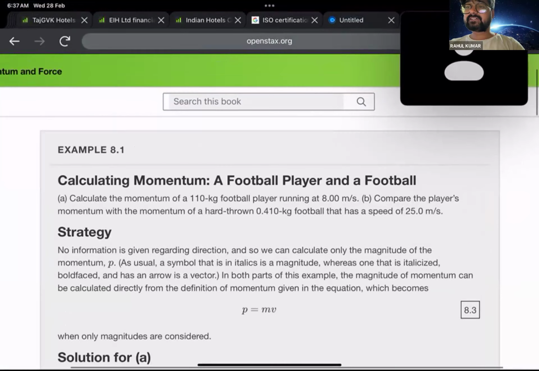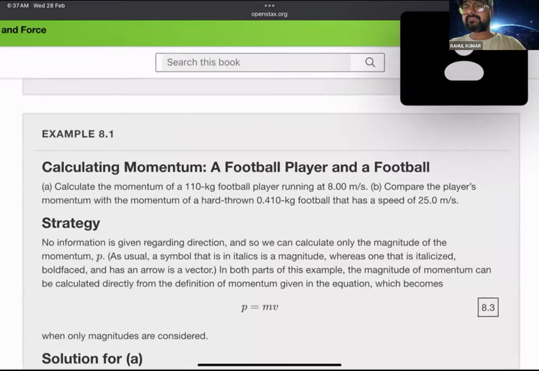Now we have to compare this with the momentum of the football. What is the mass of the football?